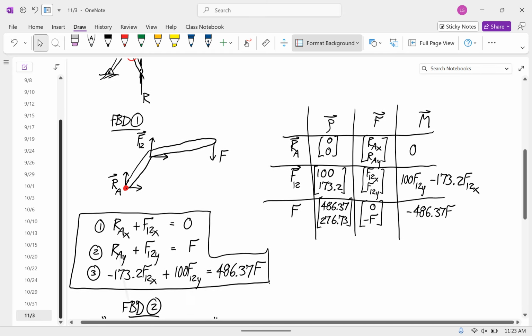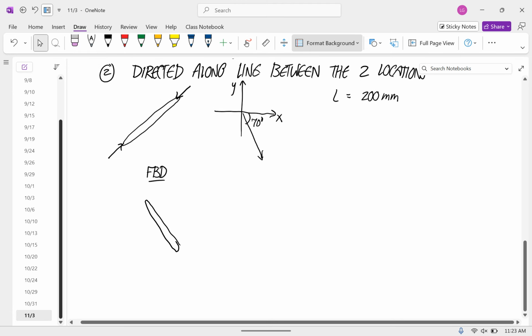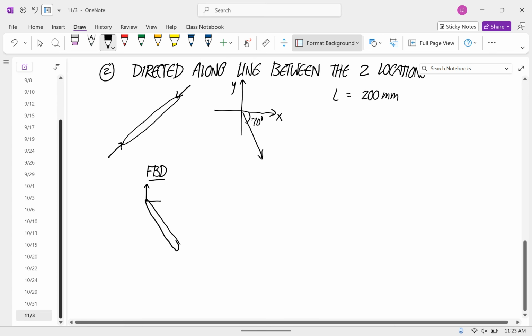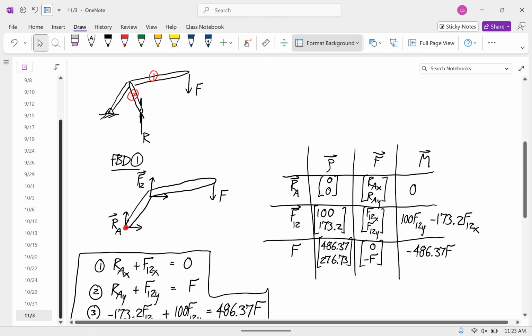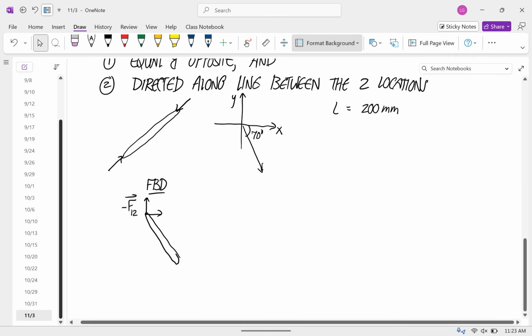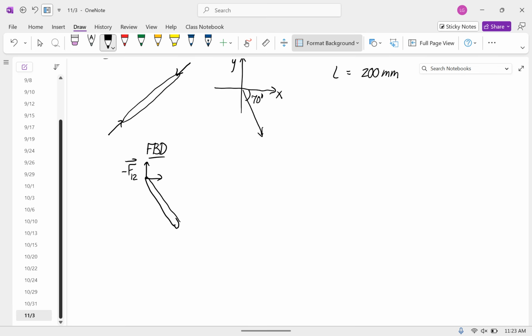At the pin, we have the force on 2 by 1. That's negative F12. Then at the lower pin, we have a force vector due to the pin and slot joint.